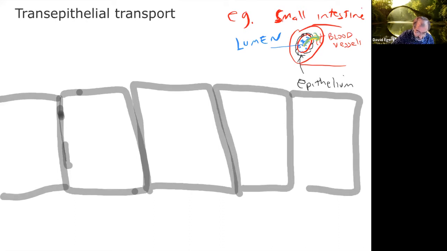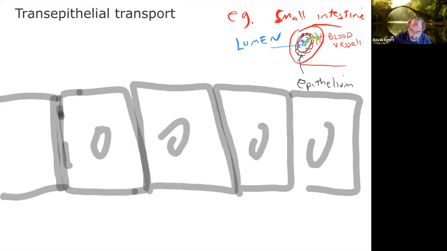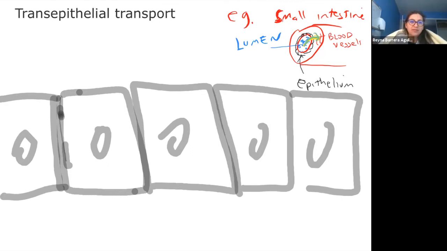If you remember from your anatomy class, what kind of epithelium lines the small intestine? I know some of you know this. Columnar. It's simple columnar epithelium.